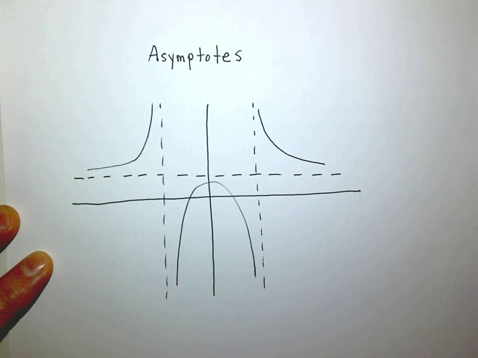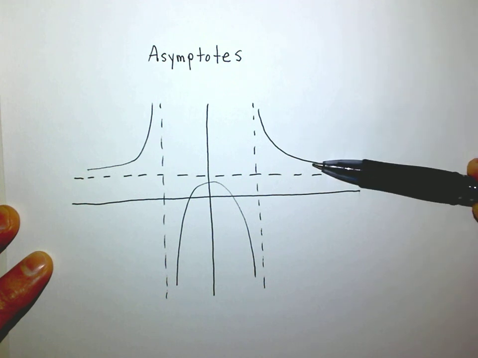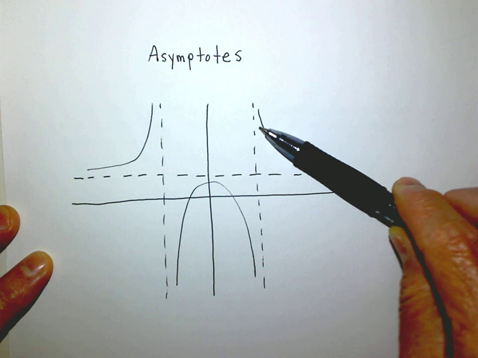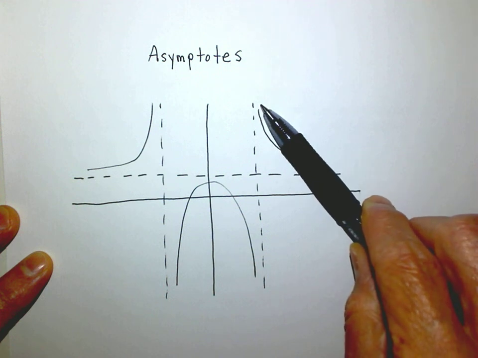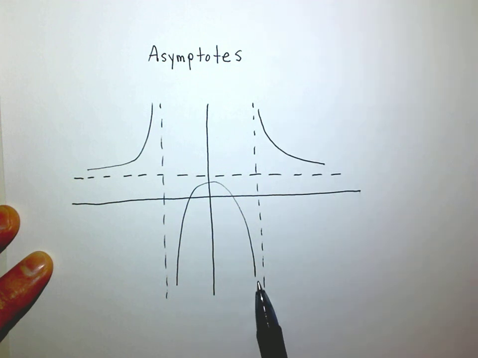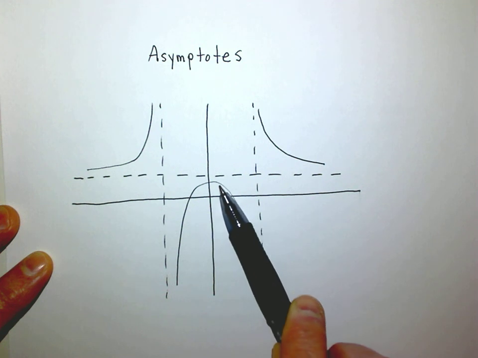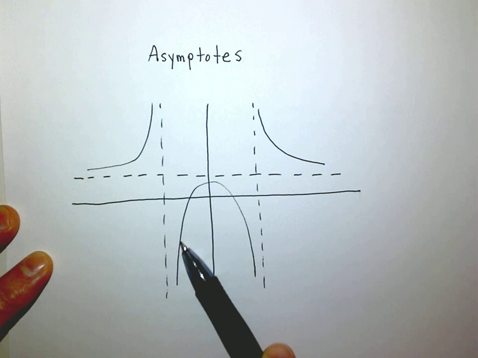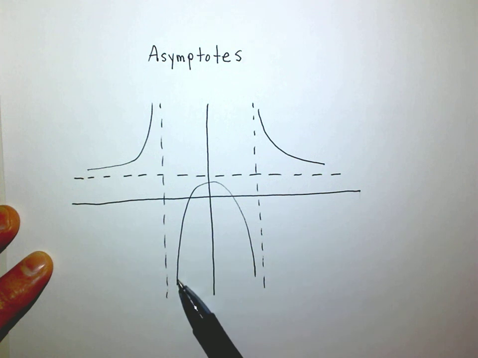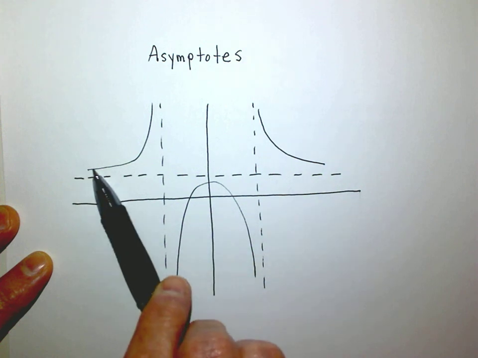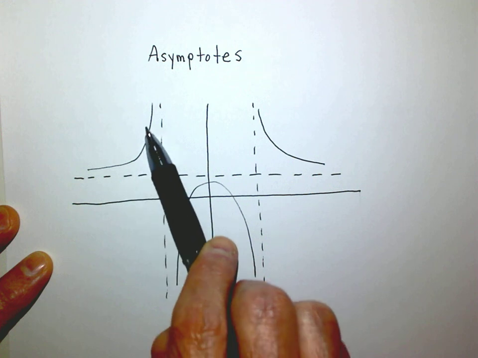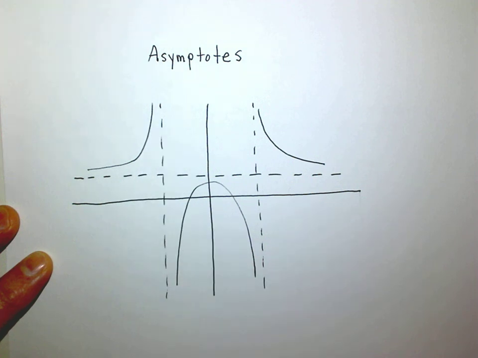Notice how the graph comes along and sees a wall and has to turn aside. The graph comes up on the other side of that asymptote, sees a wall ahead, has to turn around and go back. This graph is coming along here, sees a wall, has to turn aside.